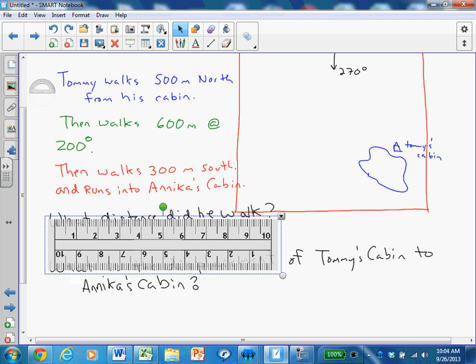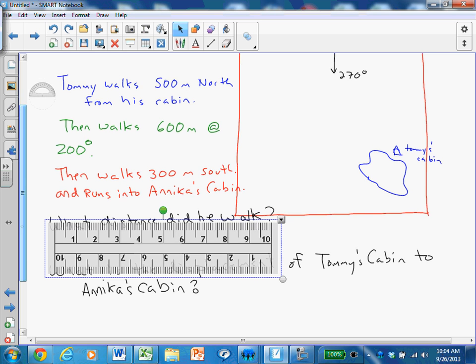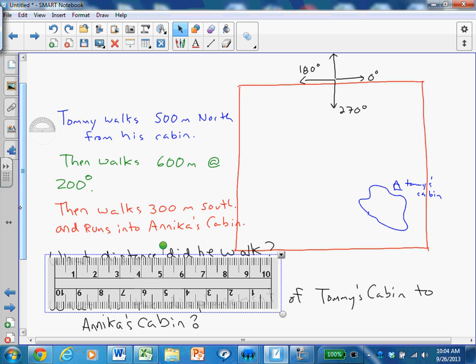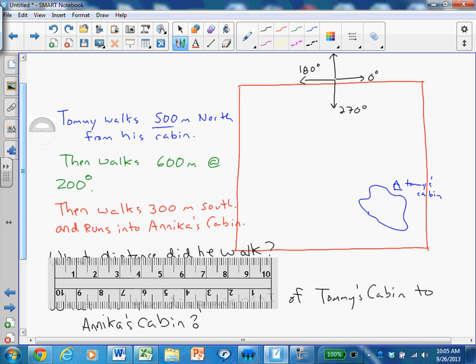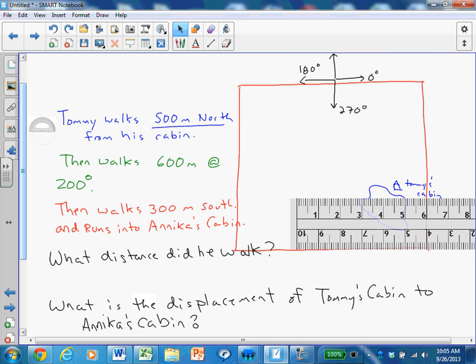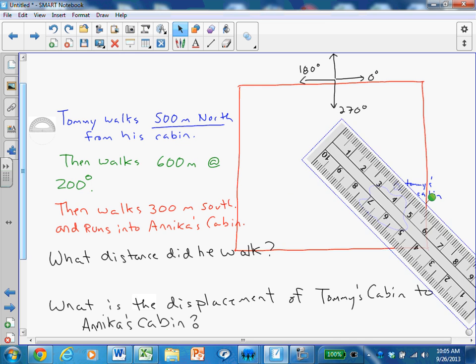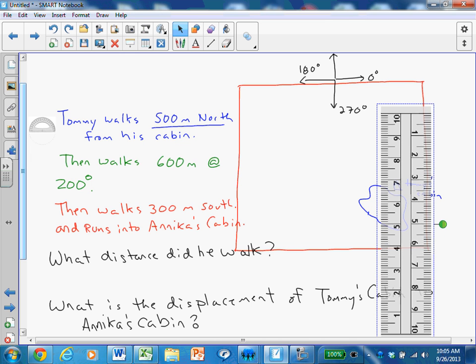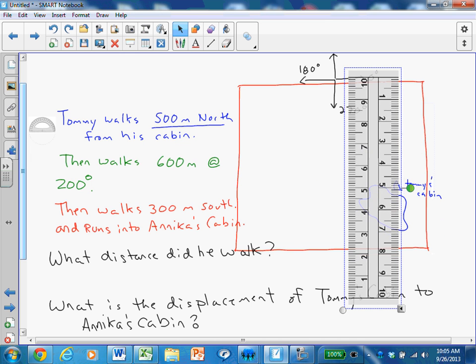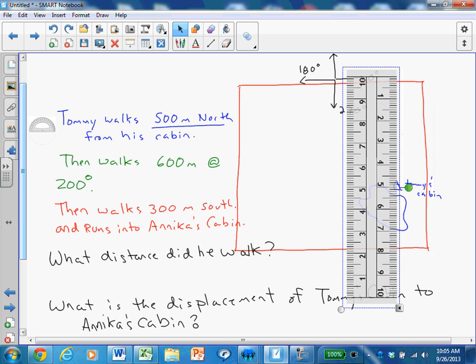Now, the first thing that he did was what? 500 meters north, right? So starting at his cabin, I'll rotate this around. It clicks into place north. Whoops, he went off the map a little bit. That's all right. I'll just shrink this down. That's better.